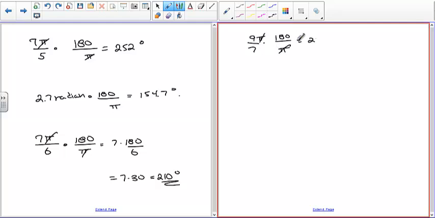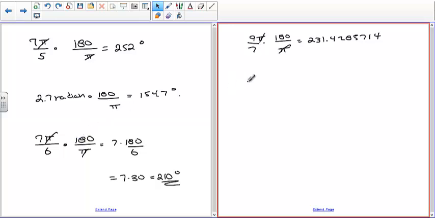It's going to be 231.4285714. If you go far enough, you'd start to see this thing repeat, because it is a rational number, but it's got a lot of decimals to it. Whereas if it has a denominator of 2, 3, 4, 6, 12, or any factor of 180.